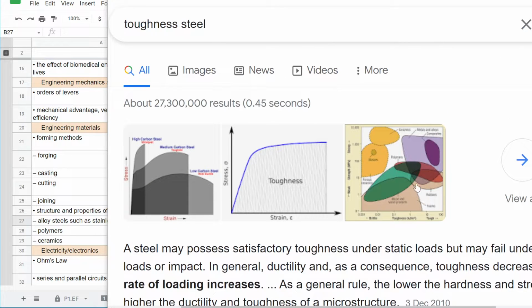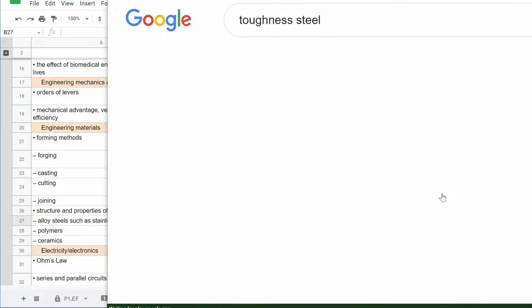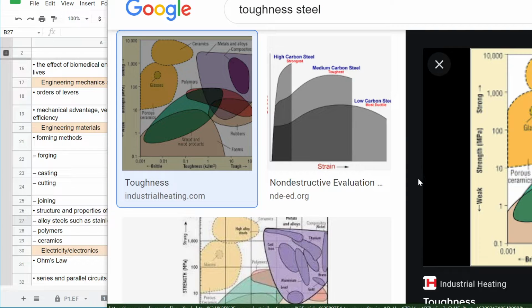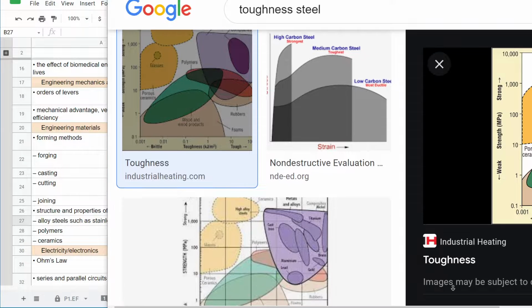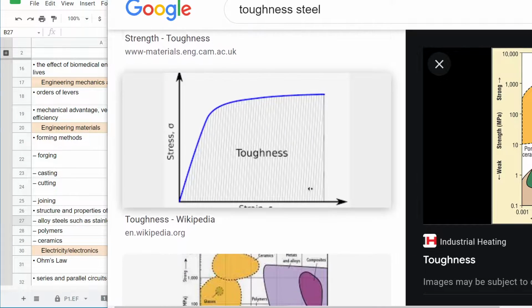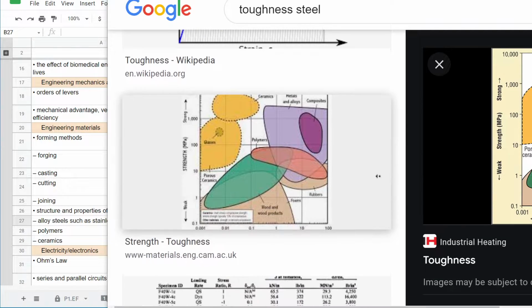How we're going to look at it is maybe this curve will give us an idea of the relative toughness of titanium. So we know that toughness is the area under the curve.